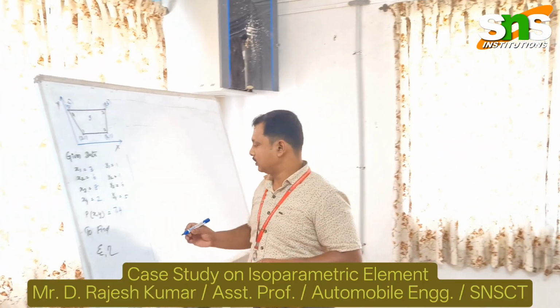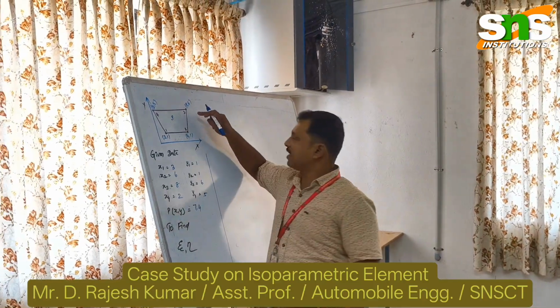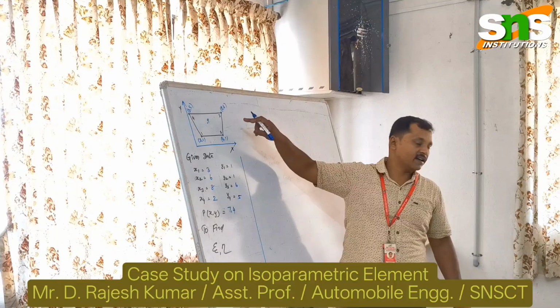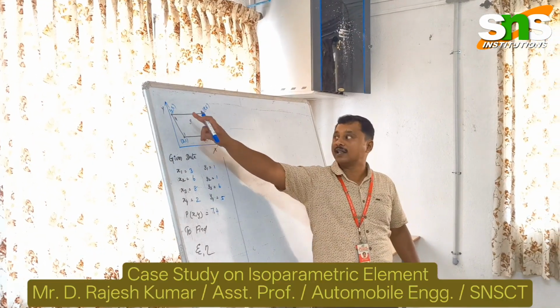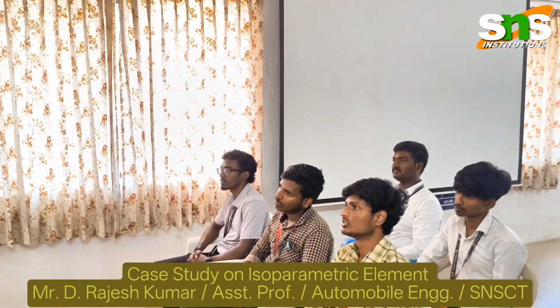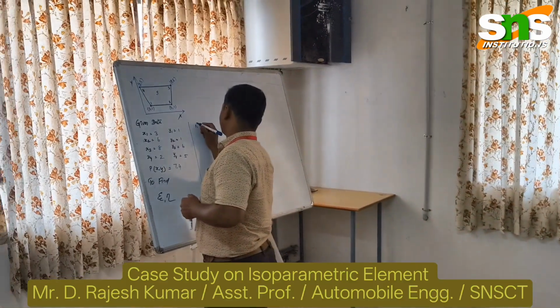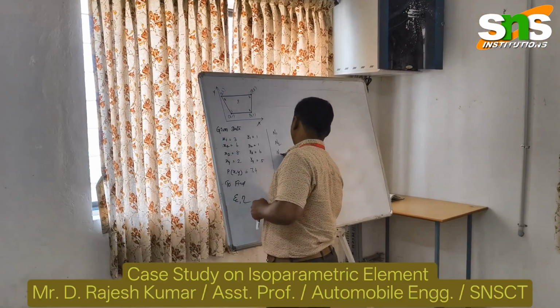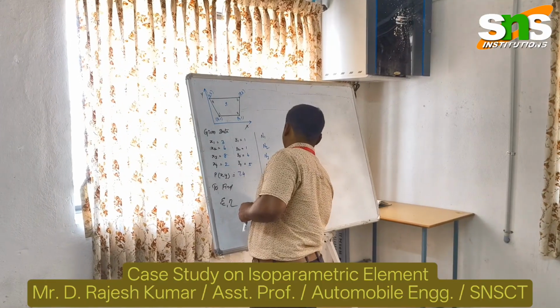In order to know the shape functions, see how many nodal points are there in this element. There are 4, so there are 4 shape functions, n1, n2, n3 and n4.